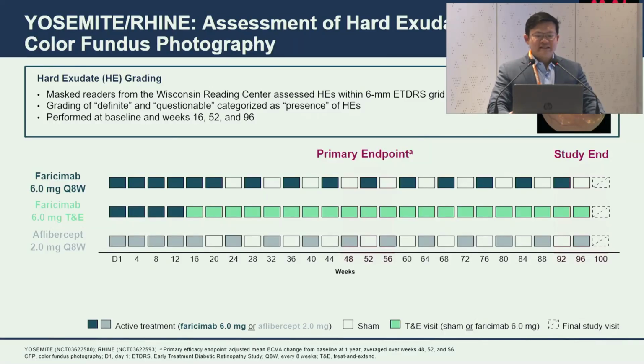Firstly, they were assessed on color fundus photography by a masked reading center, Wisconsin Reading Center, looking at a qualitative yes, no, or questionable of the presence of hard exudates in the 6 mm ETDRS grid. And this was performed at 3 time points, 16 weeks, 52 weeks, and 96 weeks towards the end of the study.